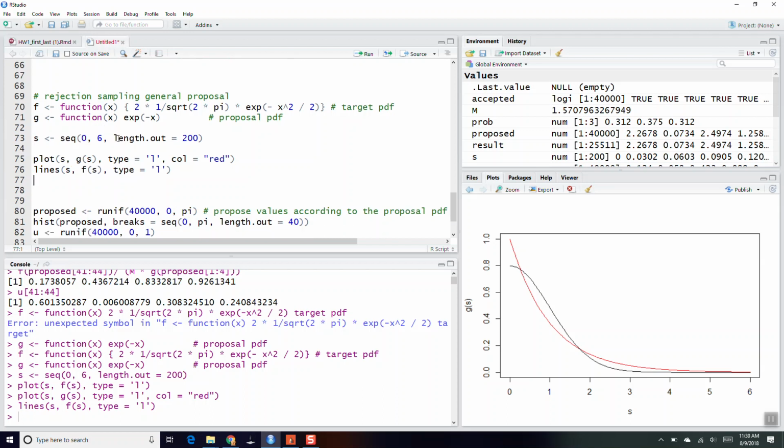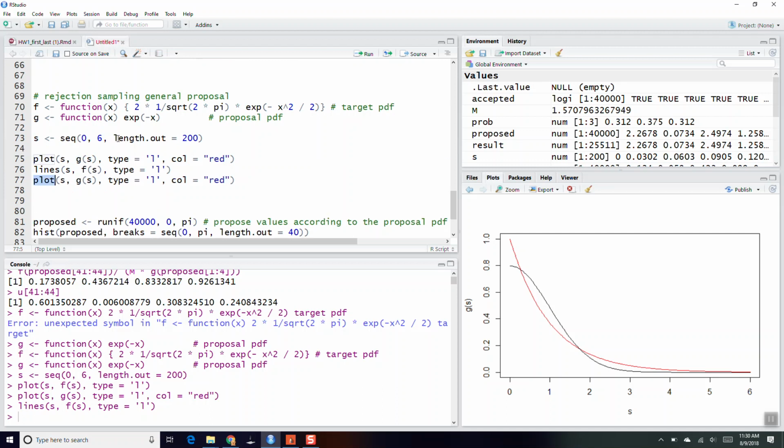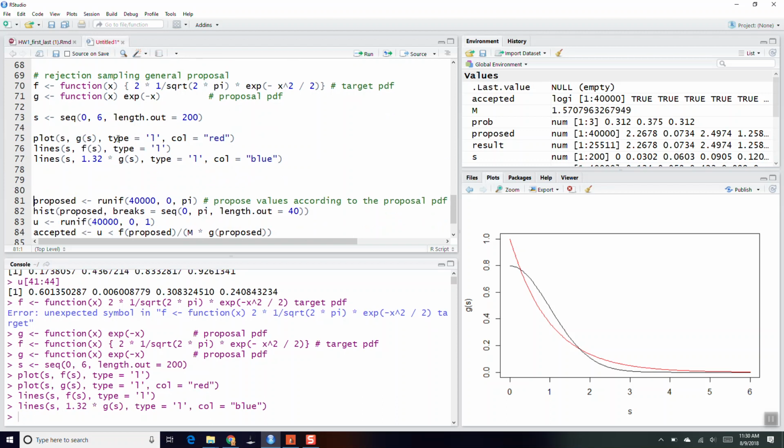So if I take g of s and I multiply it by 1.32, and let's make this blue, then we can see indeed it is always taller.